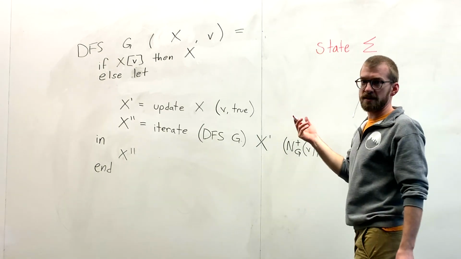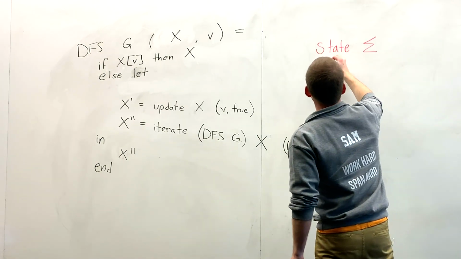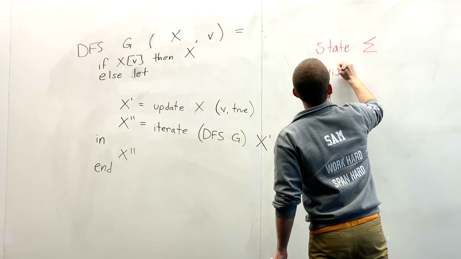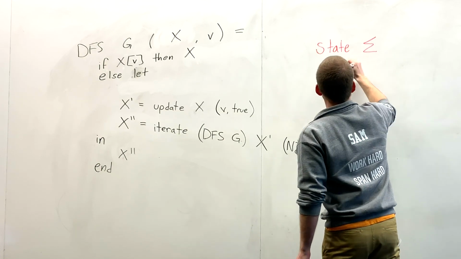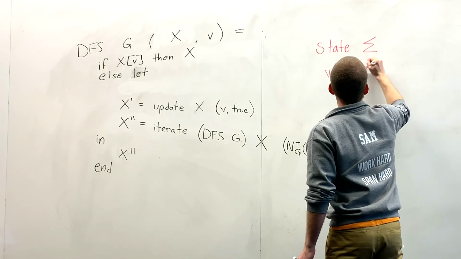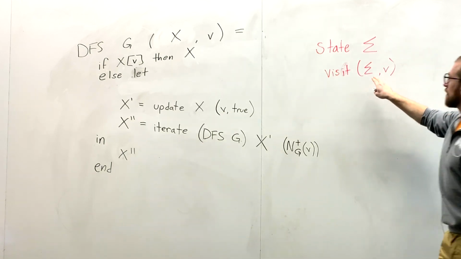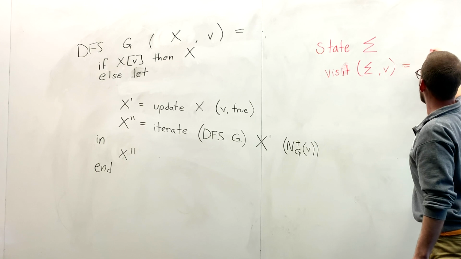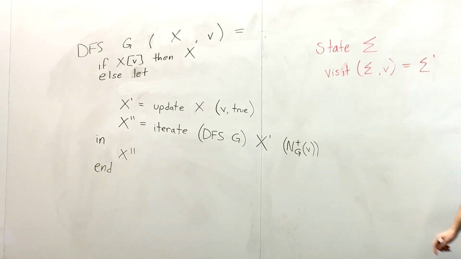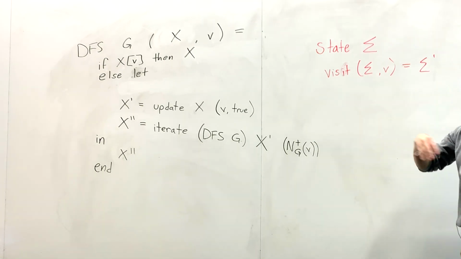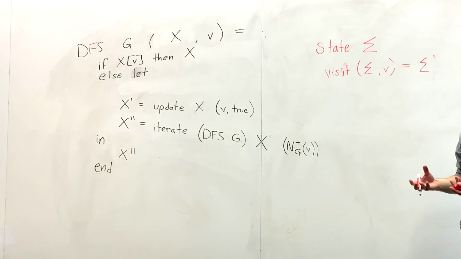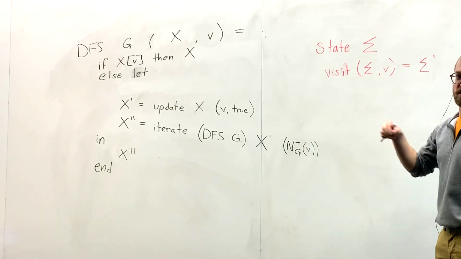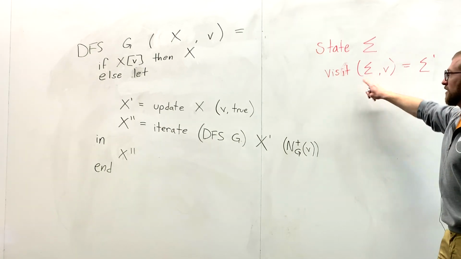And there's a few things we'd like to do with sigma. So we could, for example, visit a vertex, and we'll give it sigma, and this will pop out a new state for us. So this is saying for some arbitrary piece of data that we're keeping track of while we're running a DFS, we want to now mark a particular vertex as visited in that data somehow.